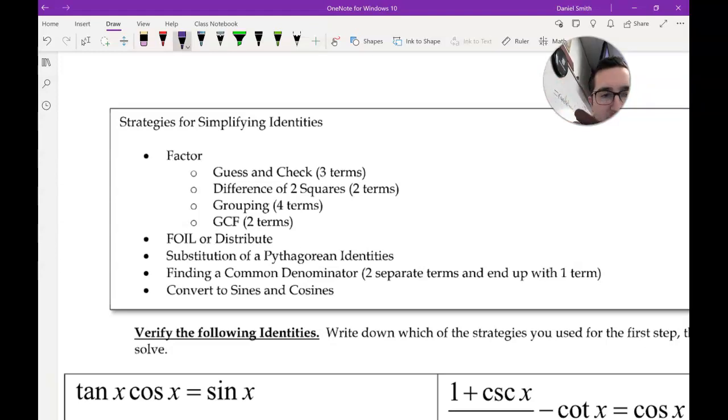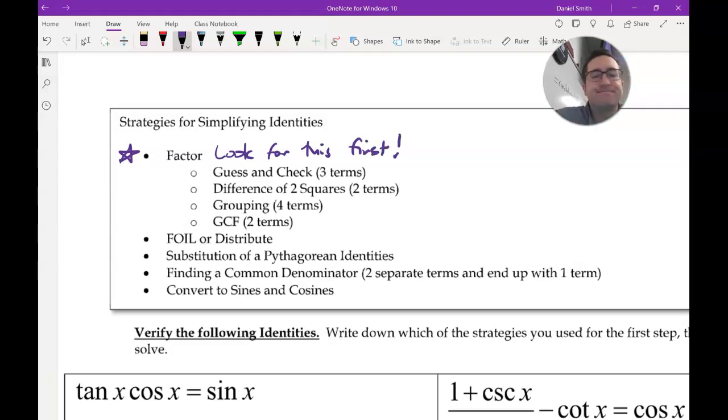Basically, I want you to star this right here, the factoring, because if you can ever factor in a proof, you should try to do this first. So let's just say look for this first. If you can factor, do it. Do it.